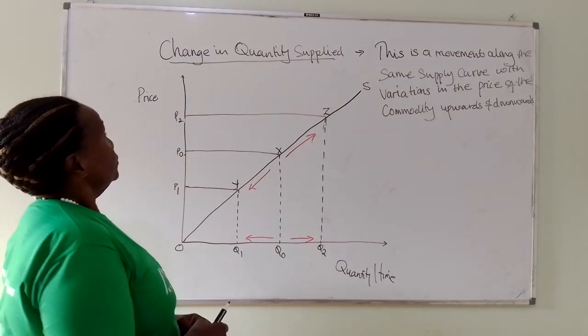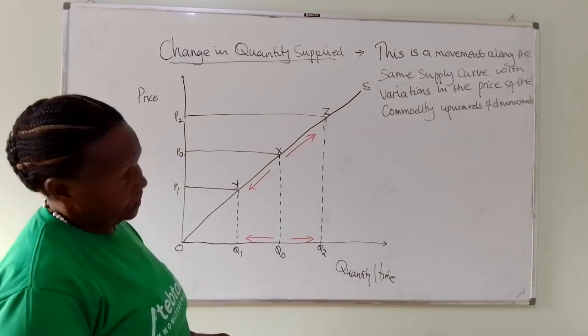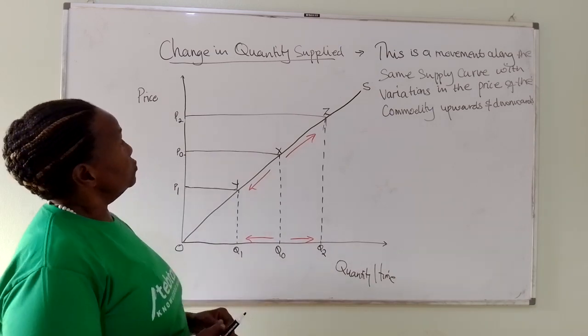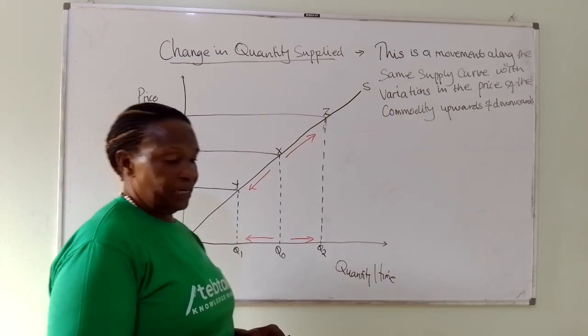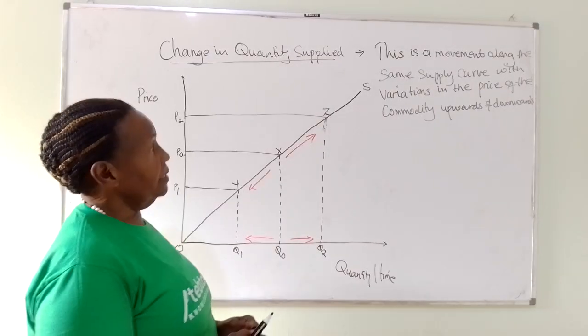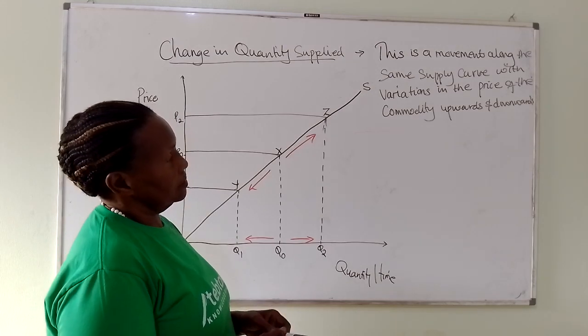Our next consideration is to examine what is meant by change in quantity supplied. We shall be seeing that there is a difference between change in quantity supplied and change in supply. Though both of them are looking at supply, they refer to different meanings.